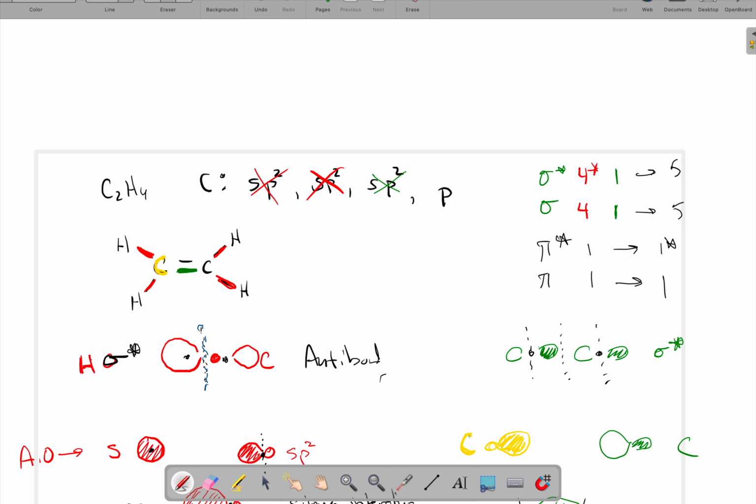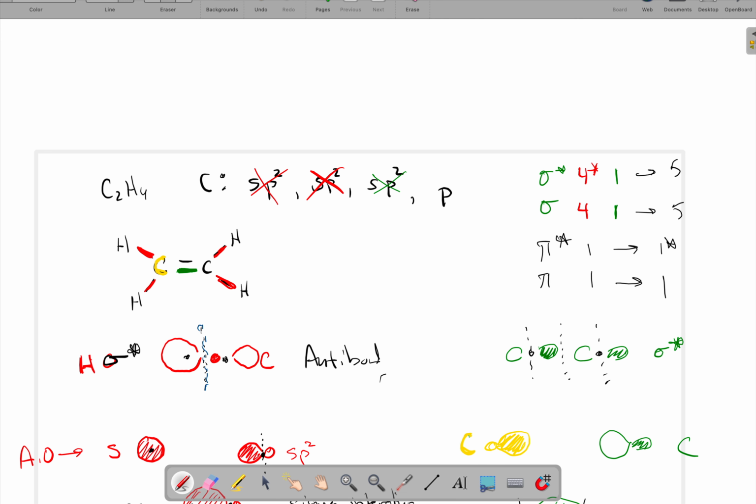Okay, could I have figured that out really early on? How many bonds are in my Lewis structure? 6. And for every bonding interaction, I get an antibonding interaction, which means if I drew out this structure, right away I could go through and say there are 12 molecular orbitals because I see 6 bonds.